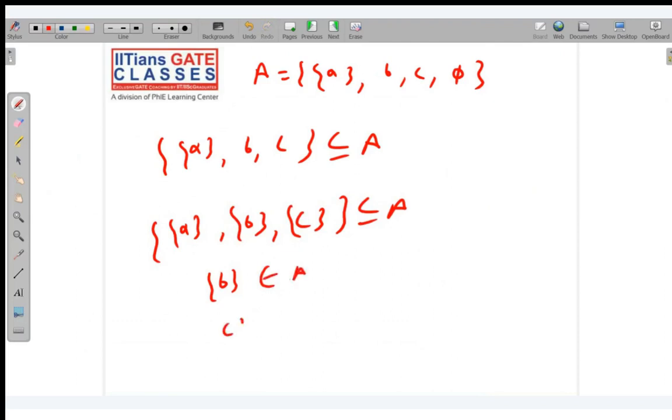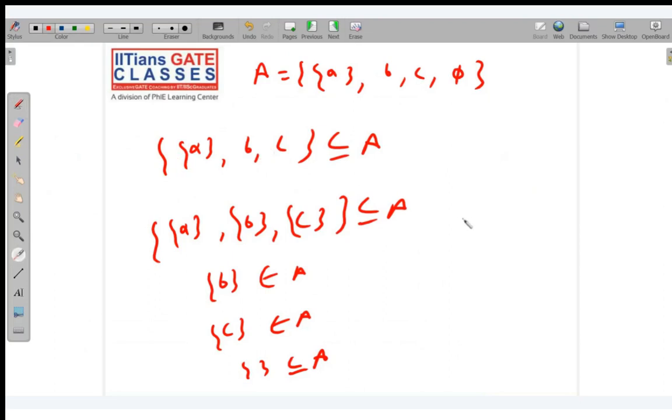And then C belongs to A? And then this is a subset of A? They will keep on twisting the questions here and there. So if you have clear-cut concepts, you will be able to answer each and every question. And always it is the case that you will find twisted questions in GATE. You will never find direct questions. So please try to answer this. So first thing, is it correct or not?